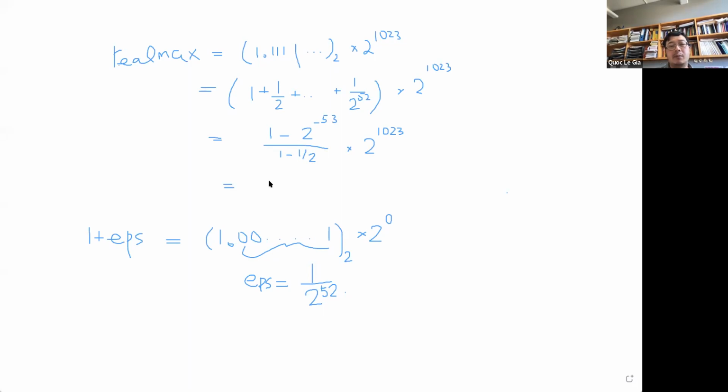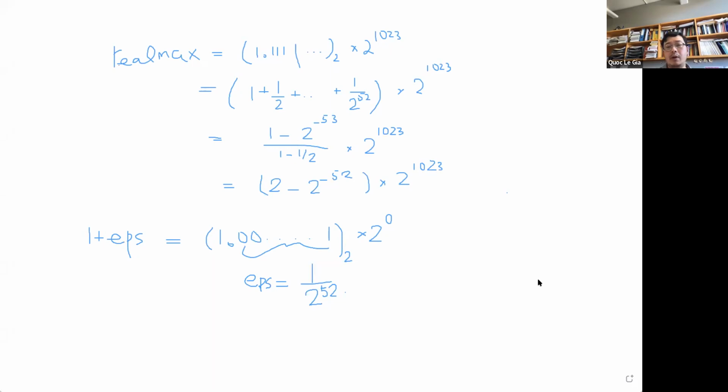So you flip it, and it just becomes 2 minus 2 to the minus 52. And now everything is multiplied by 2 to 1023. Okay, so this one I will enter in Matlab.